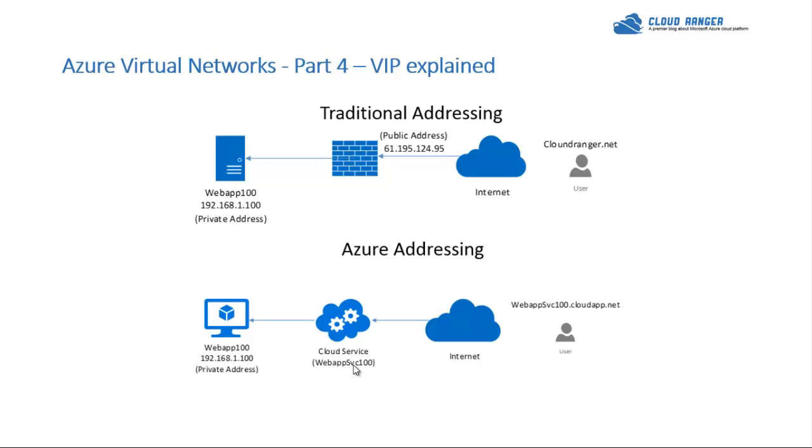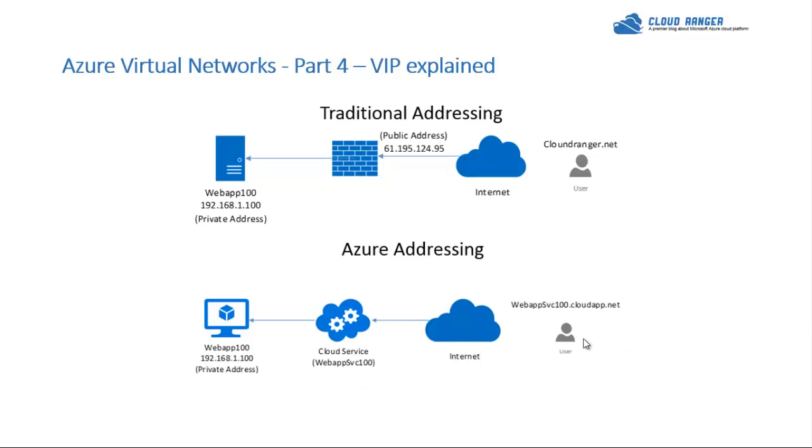And this cloud service could have multiple virtual machines in there, not just one-to-one, but a one-to-many relationship. So every cloud service that is created does have a public IP address, something like 61.195.124.95.